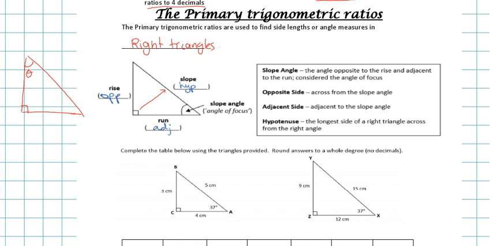Hypotenuse is still right here, right? It doesn't change because this is my right angle triangle. Where is the opposite? Opposite would be at the bottom, because it's across from the angle of focus. And then that's going to be your adjacent. Okay?